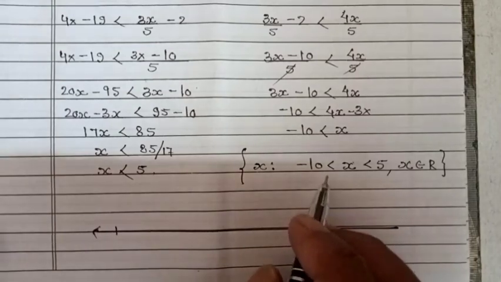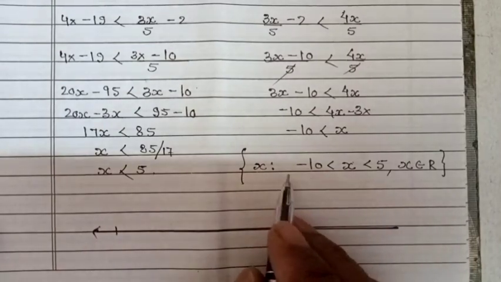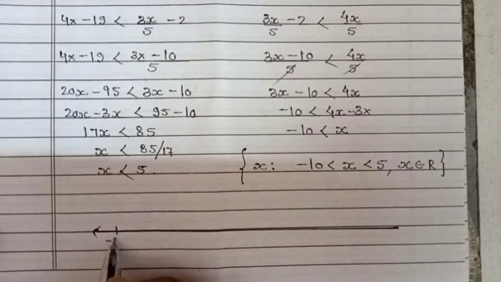So the least number is -10, so you will take preceding of it, it will be -11, -10.